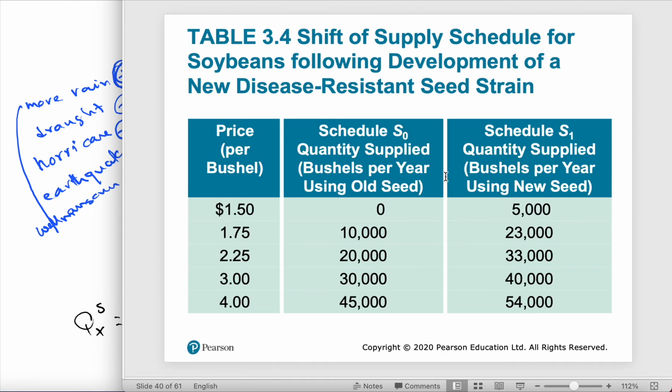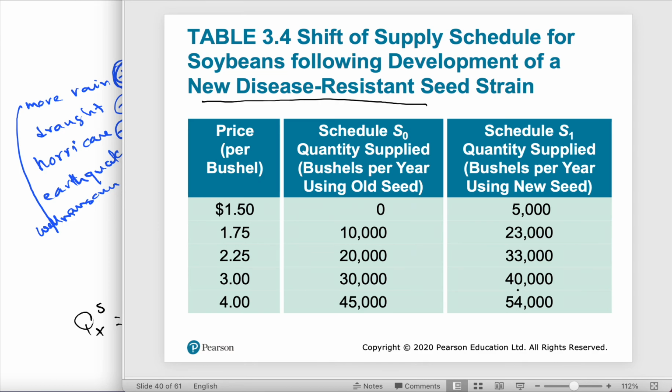So this is an example: the soybeans farm initially had this situation. Now they have found genetically modified seeds, and their production is increasing drastically.